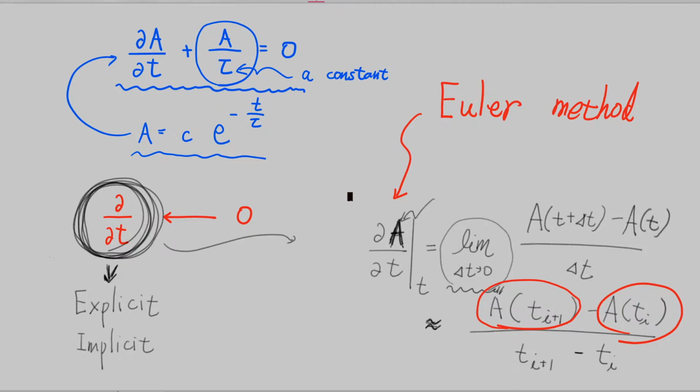So now you can say that if we have this kind of behavior, then we will have an exponentially decaying solution as an action of this differential operator. Then let's try to discretize it.